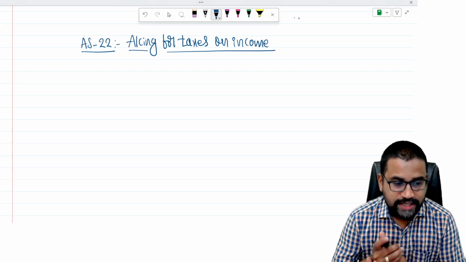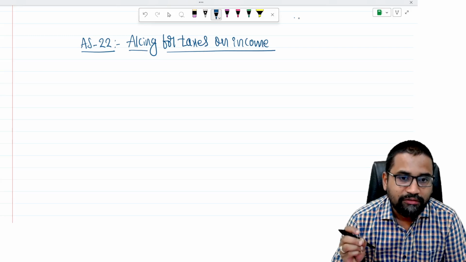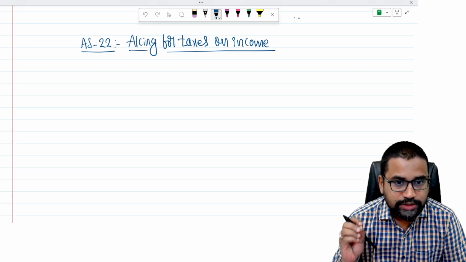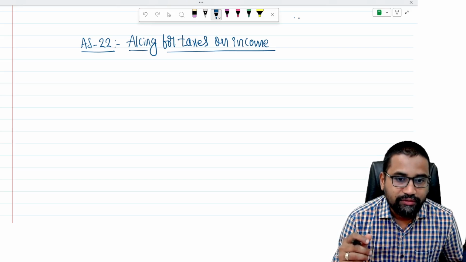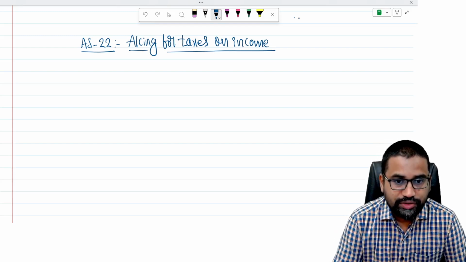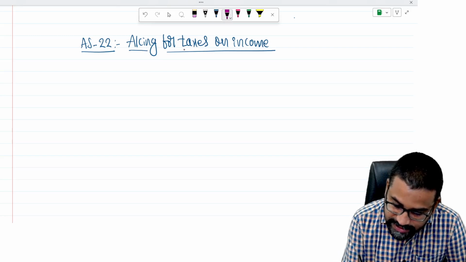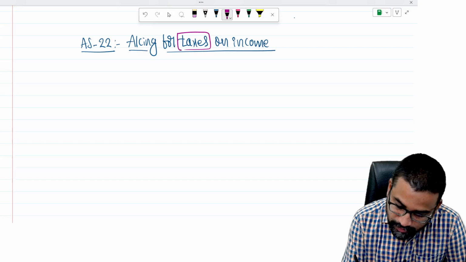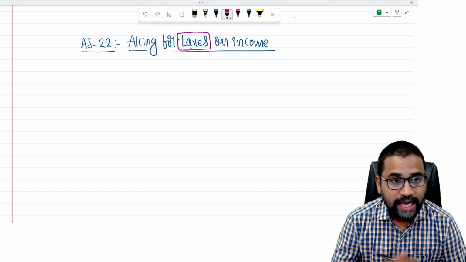Very interesting standard, sir. But see, you should have income tax knowledge also. To understand this standard perfectly, knowledge of the Income Tax Act provisions is also required, because we are talking about taxes on income.